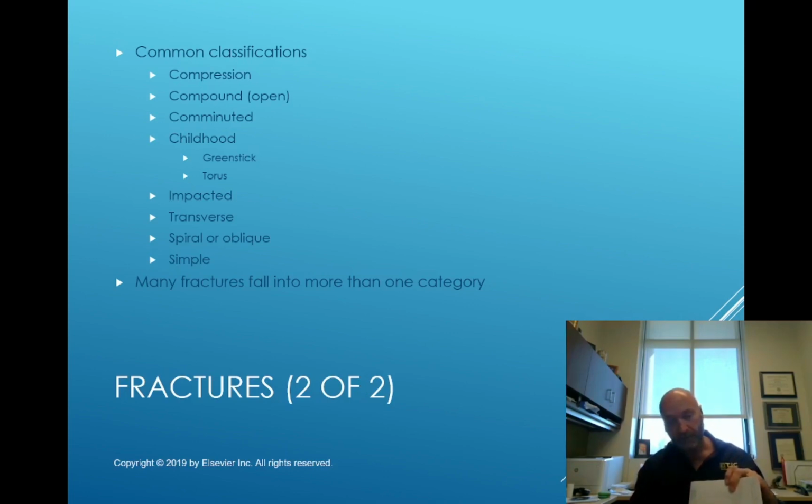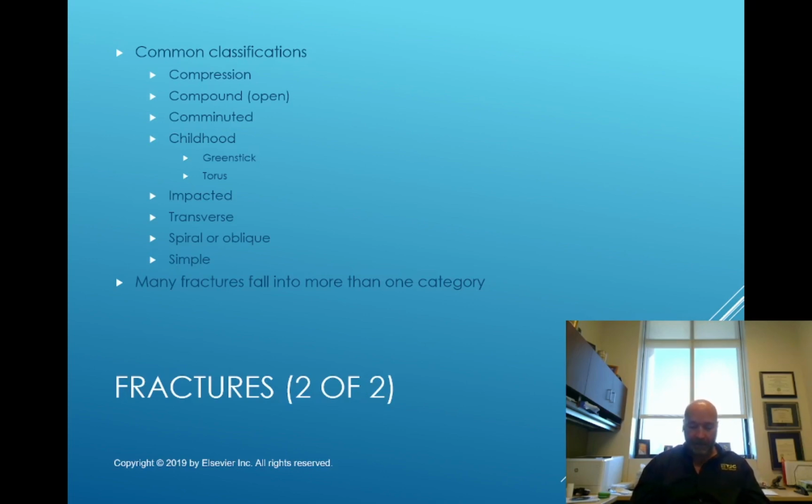So this side of the bone just bent, it didn't break completely, but what you've got is a fracture on the opposite side of the bone. So it's an incomplete fracture. Adult bones don't break like that. An adult bone, if you're going to break it on one side, you're going to break it all the way through. But kid bones can fracture on just one side, kind of like a green stick. You go to break a stick off of a tree, and it's still a green limb, it won't break off very easy.